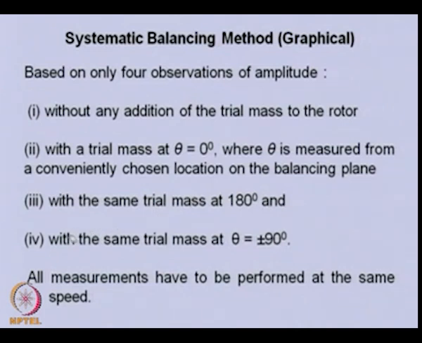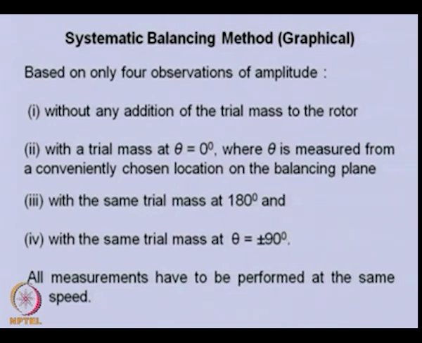The fourth measurement will be the same trial mass, which we need to keep at 90 degrees, either plus 90 or minus 90, and then again we will rotate the rotor at the constant operating speed and measure the amplitude of vibration. So basically we will get 4 amplitudes of vibration. Based on these 4 measurements, we will obtain the correction mass required at plane 2 when we have fulcrumed the machine at F1.